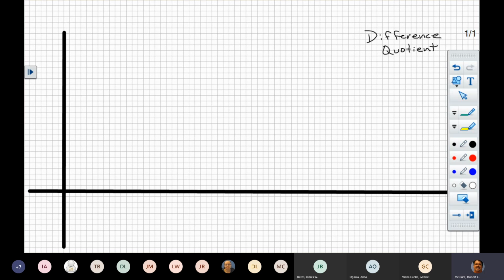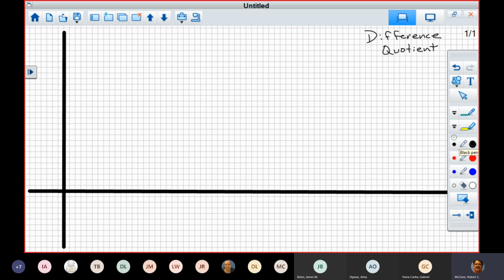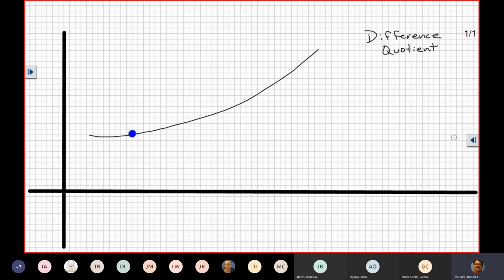So I'm going to draw a function here. And I'm going to put 2 points on that function. It doesn't matter, put a point right there, and put a point right there.